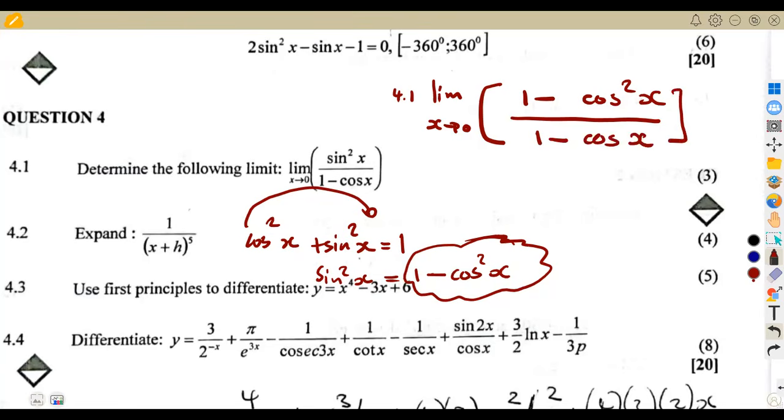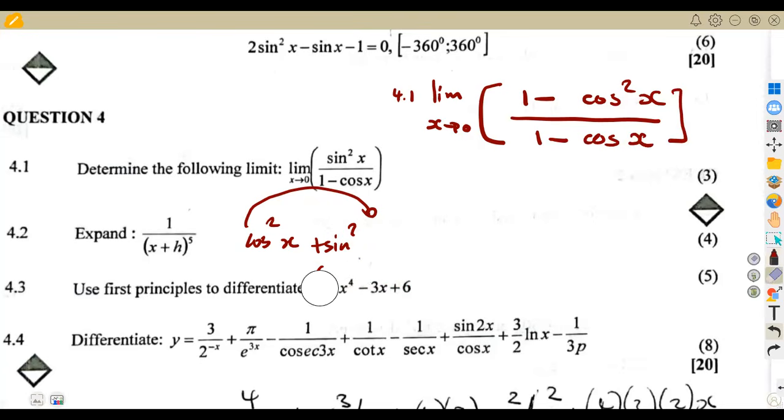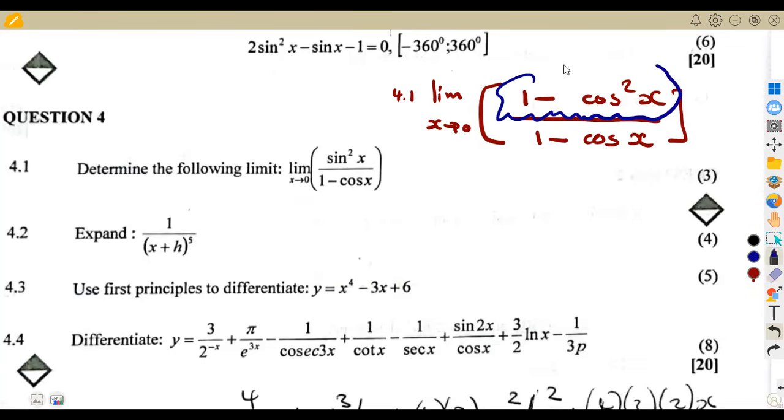What have we done? Are we not making things worse by doing this? No, we are not, because this can be factorized. 1 minus cos squared x is a difference of two squares, because 1 is the same as 1 squared. So we can simplify this by factorizing our difference of two squares.